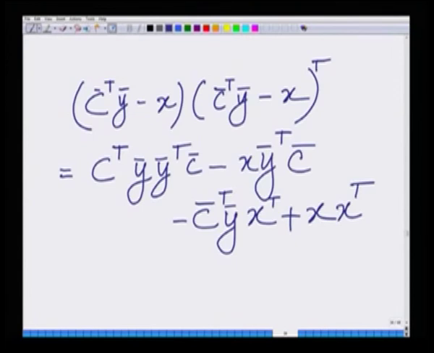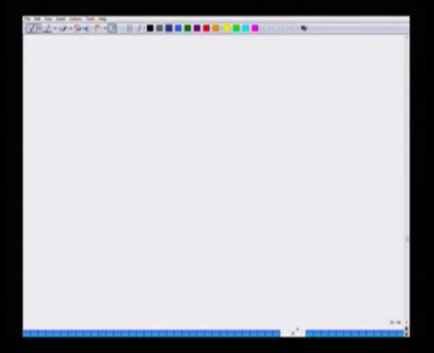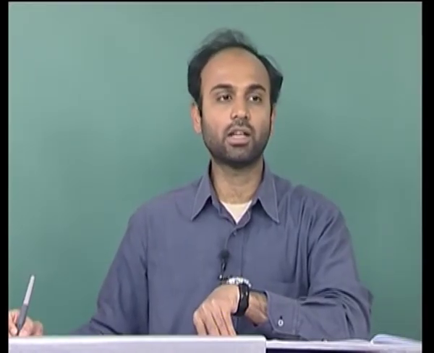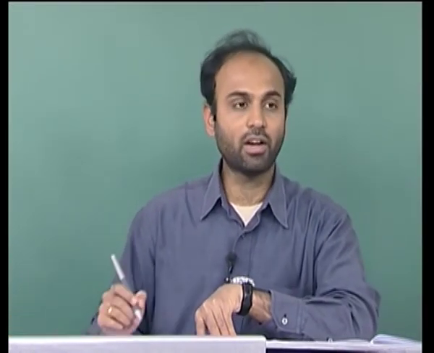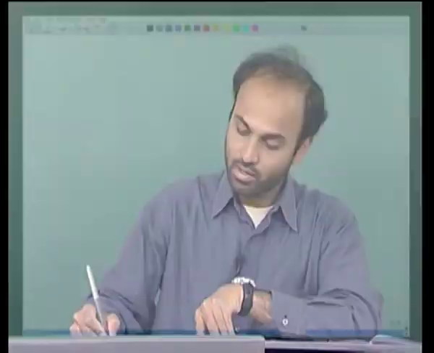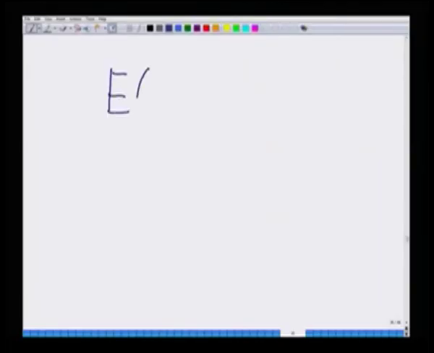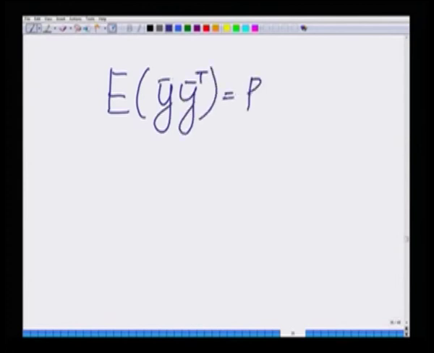Okay. So, now I will define some new quantities, because we have to compute the mean, so we need some statistical parameters. I will define expected y y transpose equals R y.